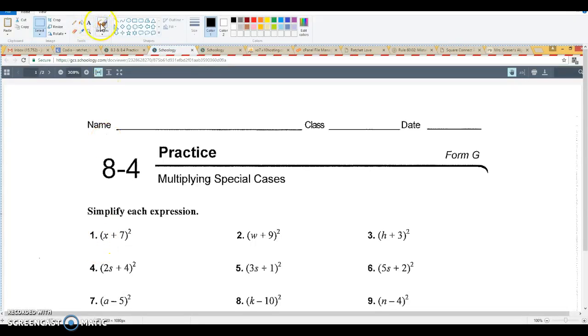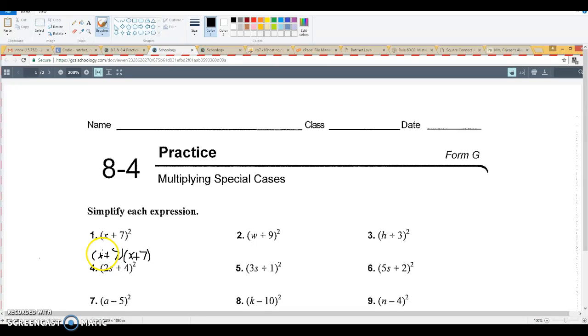So really what you have here, x plus 7 squared, is the same thing as saying x plus 7 times x plus 7. So having it like this, you can FOIL it, you can use the table method, you can use the distributive property.